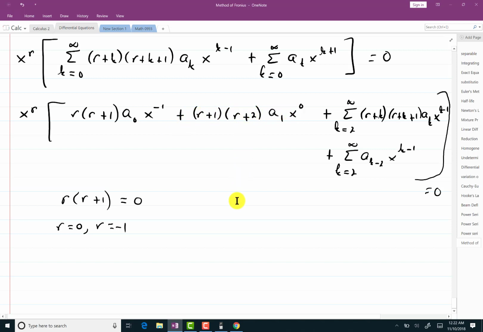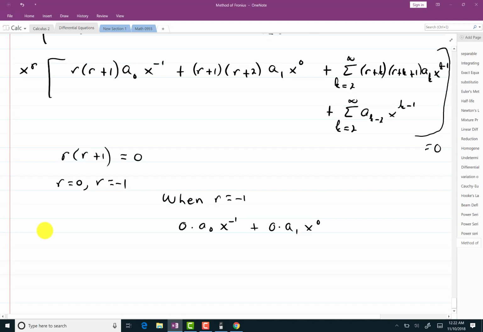So in the case where r equals negative 1, you get 0 times a sub 0 x to the negative 1, plus 0 times a sub 1 x to the 0. Well, this doesn't necessarily force a sub 1 to be equal to 0 if this happens.